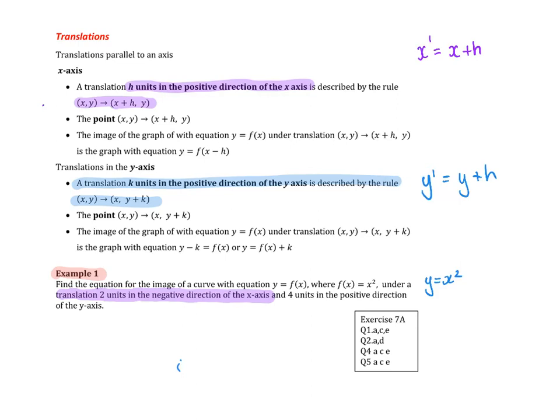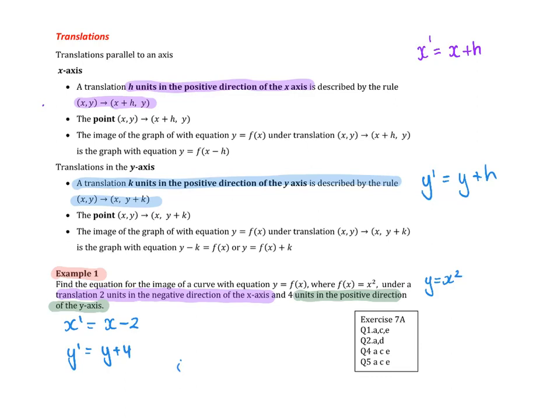So I'm going to start thinking about my new x value. It said 2 units in the negative, so I would get the normal x and minus 2. Then it says we're going to go 4 units in the positive direction of y. So my y value has changed to y plus 4.